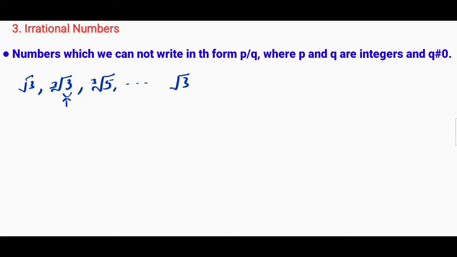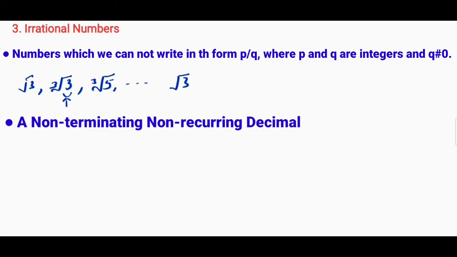And we have also discussed that a non-terminating non-recurring decimal is also an irrational number. For example, 0.42434459 and so on. This is an irrational number, and we have one more special irrational number which is pi.